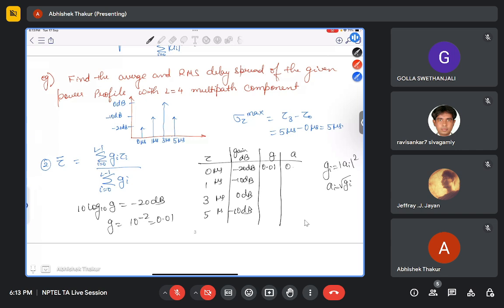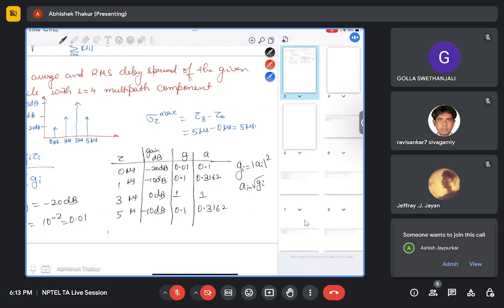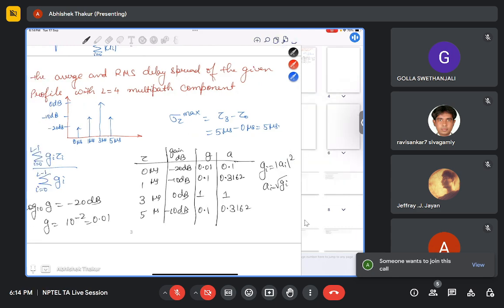So A will be 0.1 here. Again for minus 10 dB, G is equal to 0.1 and A will be its square root, so that will be 0.3162. Now for 0 dB, G will be 10 to the power of 0, that is 1, and the square root of 1 is also 1. Again for minus 10 dB we have already calculated 0.1 and 0.3162. So this is a tabular representation of all the signal components.